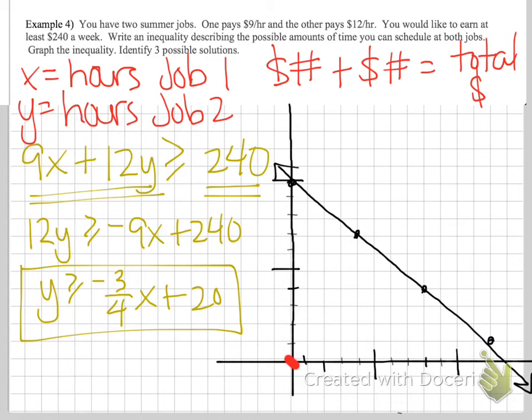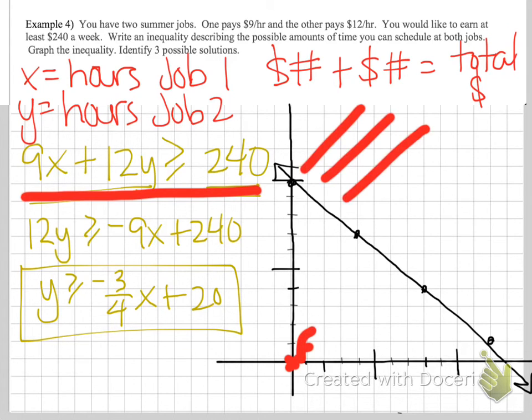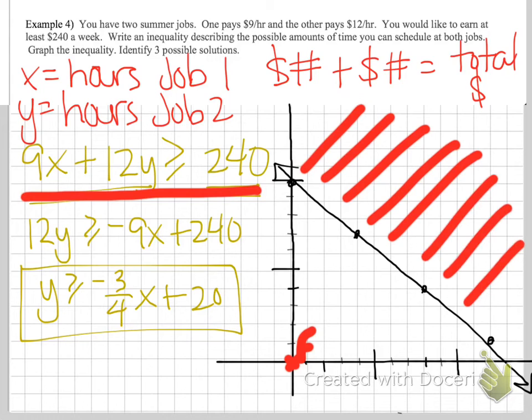Again, if I pick a test point of 0, 0, we can see by plugging it into the original equation, 0 plus 0 greater than or equal to 240, so this is false, and I'm going to be shading anywhere on the right or upper side of my line.